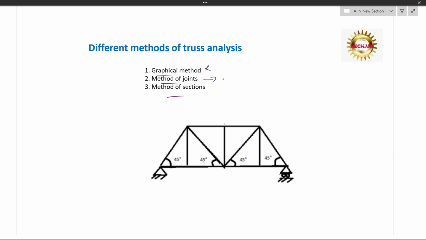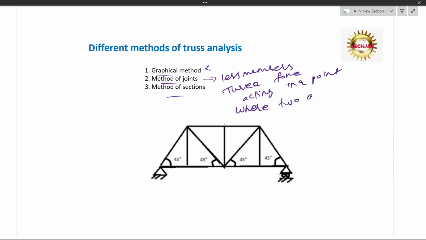It is used only when fewer members are there, and also there should be three forces acting at a point, where two are unknown. Then only we can apply the method of joints. It's nothing but where we can apply Lami's theorem.